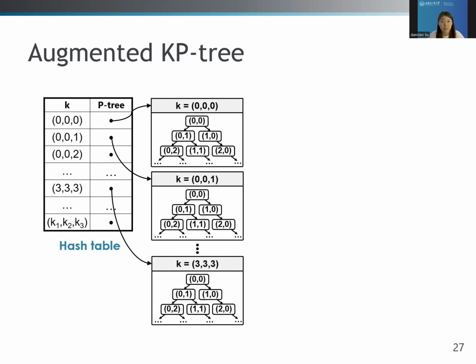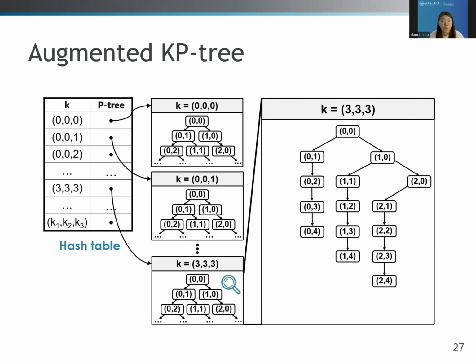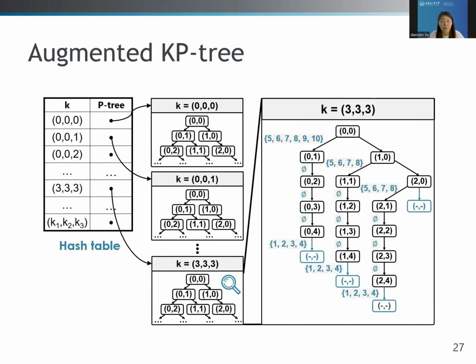Then, augmentations are made to each p tree. Taking this one, for example, we add a dummy child node representing an empty G-core to each leaf, and then attach the differences between adjacent G-cores to the connecting edge. This allows for faster retrieval of any G-core by following the tree path and making a union of the vertex sets along the path.